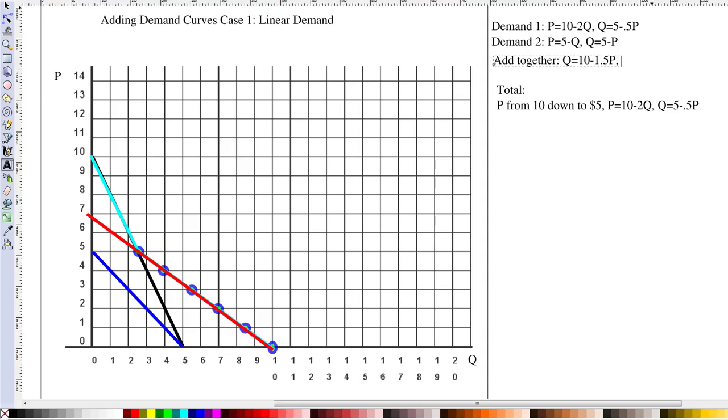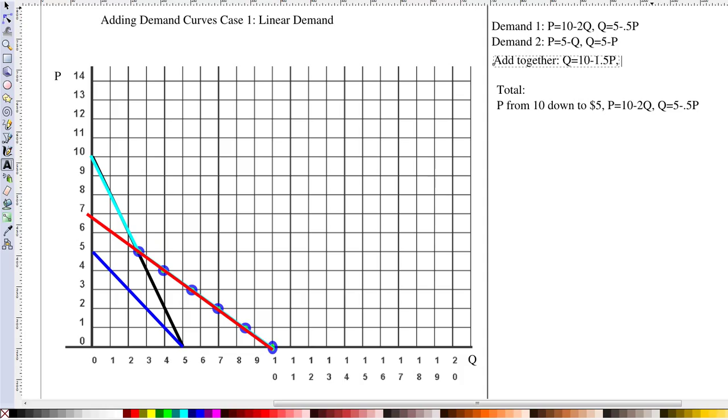You see the y-intercept on the p-axis there is a little bit less than 7, so 6.67. And then the slope is down 6.67 over 10 over the entire course of that red line. And so that's the right equation. When you just add the right sides of those together, you get the total Q for two markets.